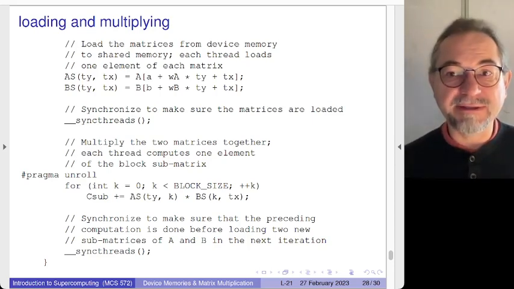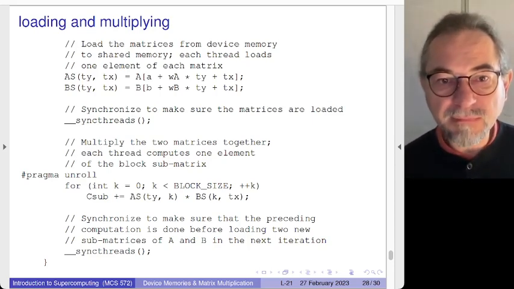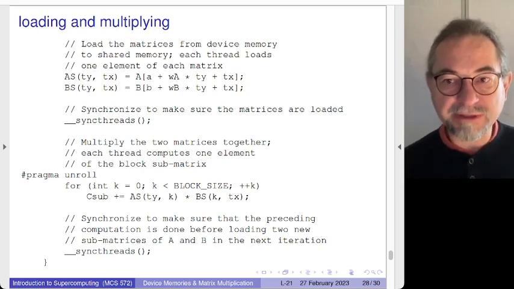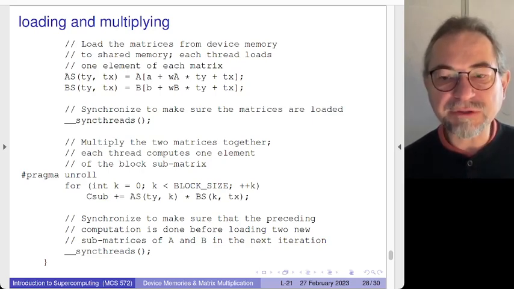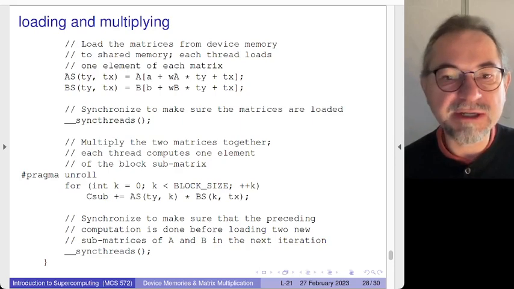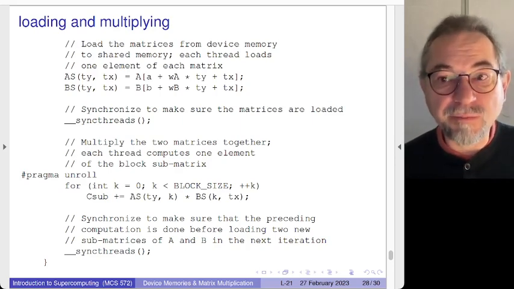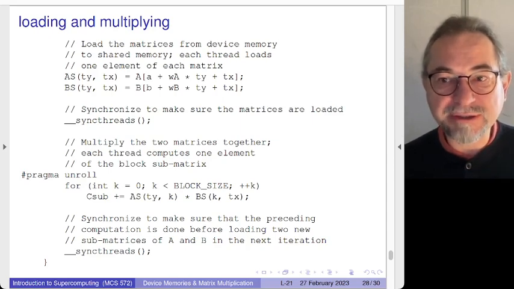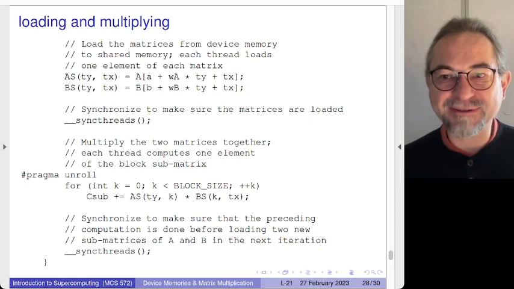Once the tile is filled up, and we can only do this when all threads are finished, so this is why the synchronization is needed, then we will make the inner products and write into that register. Again, it is one single variable here.